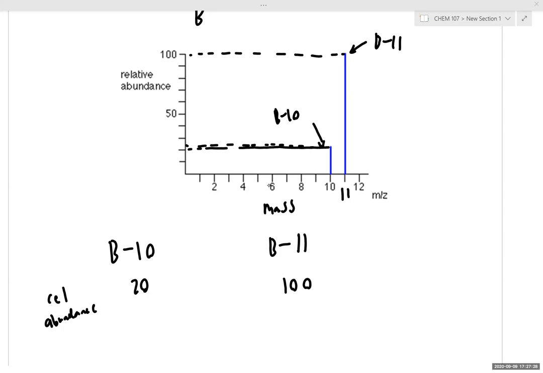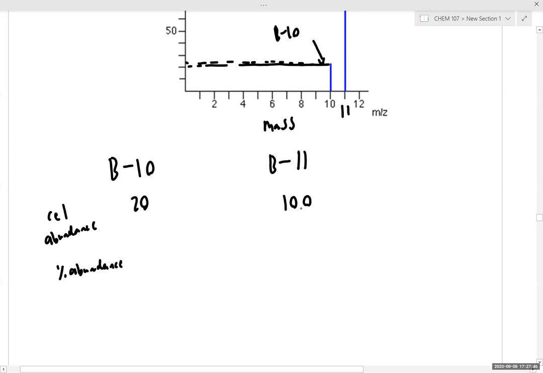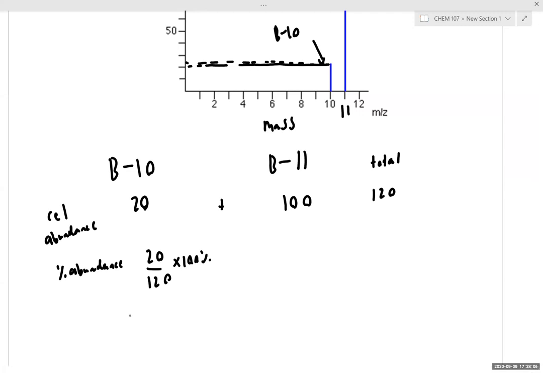So just to repeat, we traced out the relative abundance of boron 11 and boron 10. Reading off, we have a relative abundance of 100 to 20. If we're calculating a percent abundance, we take our relative value over the total, and the total in this case is 120. So we take 20 over 120 for boron 10, and this gives us a percent abundance of roughly 17%.